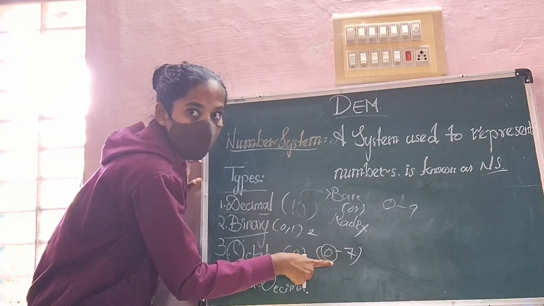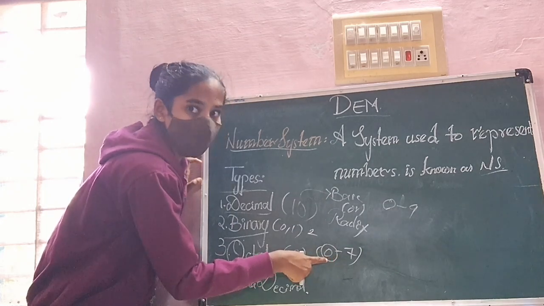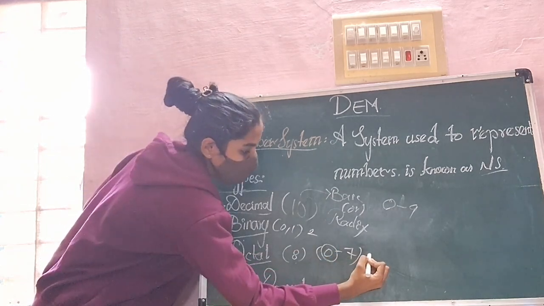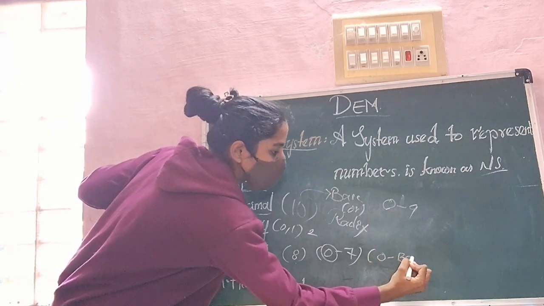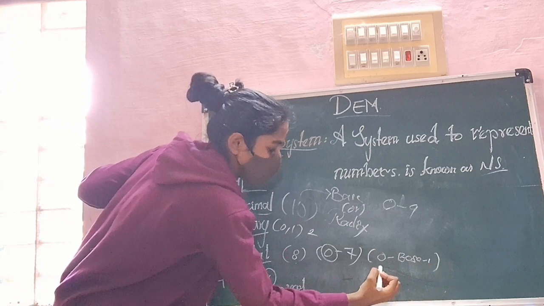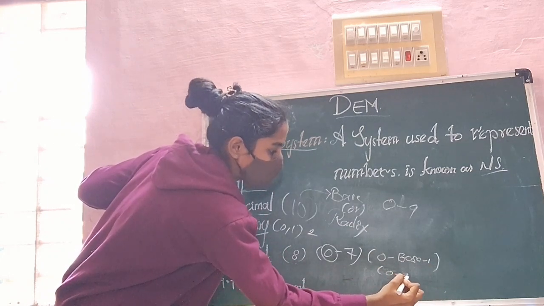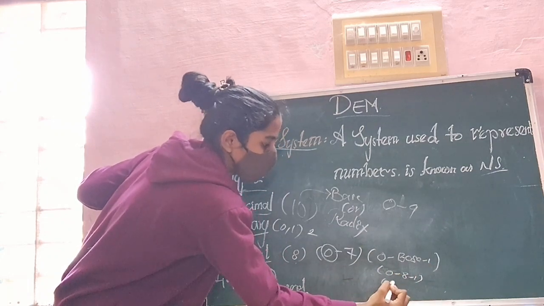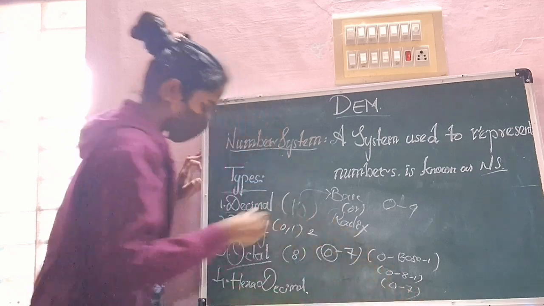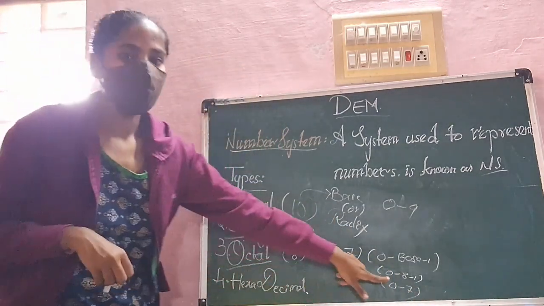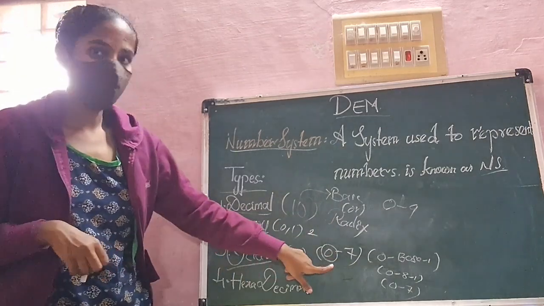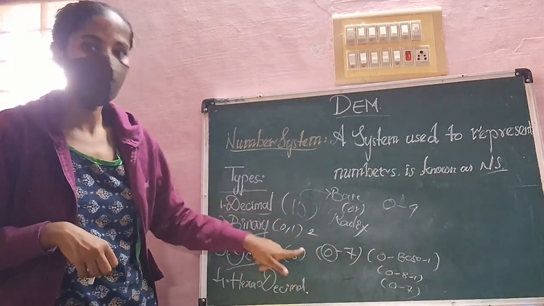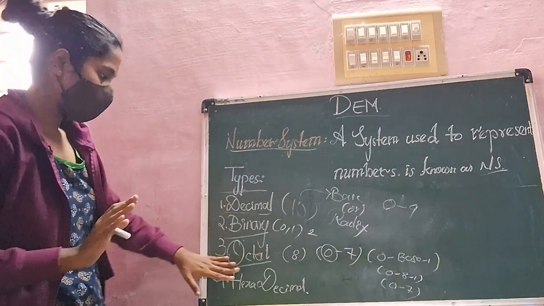Are you understanding my point? When we count from 0, you will get base minus 1, that means 8 minus 1, that means 0 to 7. Octal starts from 0 to 7, and the base is 8.